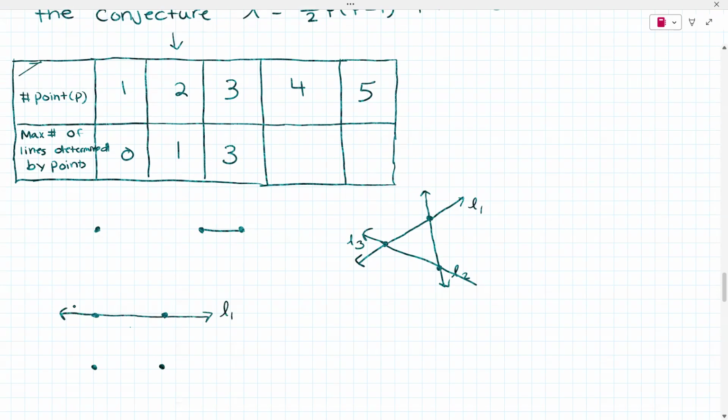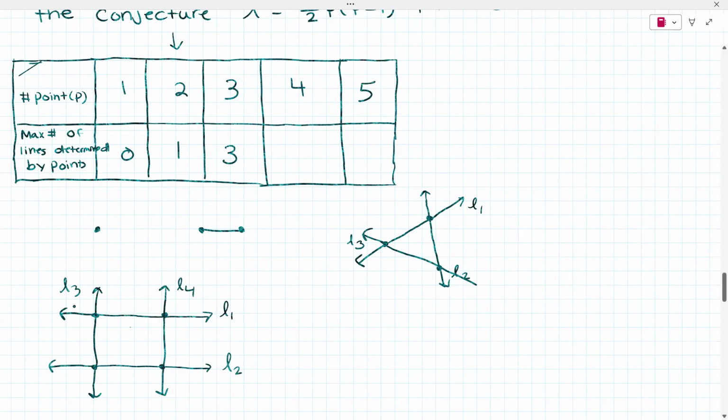And if you connect these dots, this would be line 2. If you connect these two dots, this would be line 3. And if you connect these two dots, this would be line 4, right?